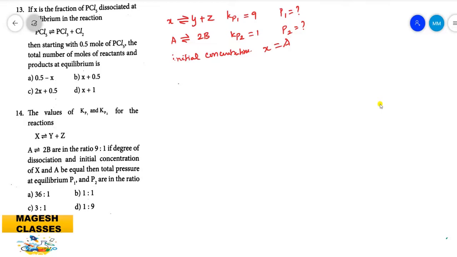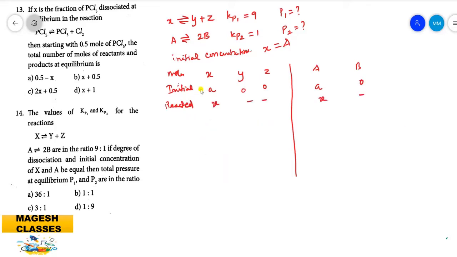For the two reactions, X gives Y and Z, and A is the reactant, B is the product. Initially the number of moles is the same, A, in both. The products are 0.